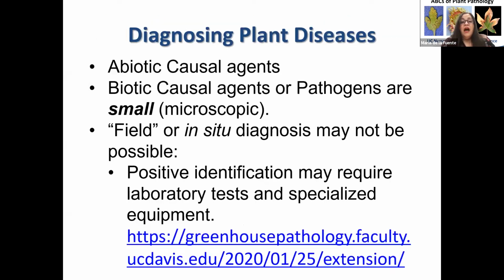So keep in mind also that there are a lot of abiotic causal agents, and we have another class just for that, specifically for the nutrients. So for us to be able to identify the symptoms that a plant might go through when it's lacking a specific nutrient. But most biotic causal agents, known as pathogens, are small.